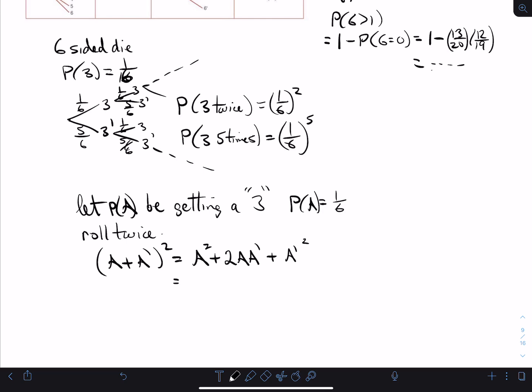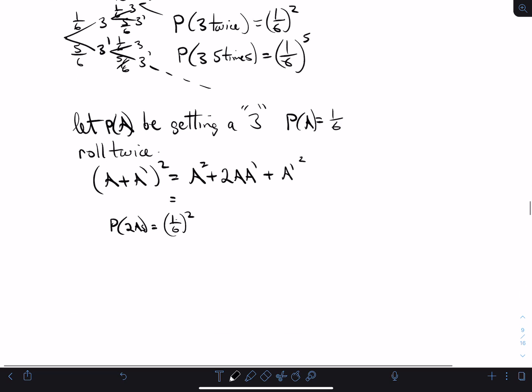So the probability of getting 2 A's would be equal to A squared, so it would be equal to 1 out of 6 squared. But the probability of getting A and then not A is 2 times the probability of getting an A times the probability of not getting an A.